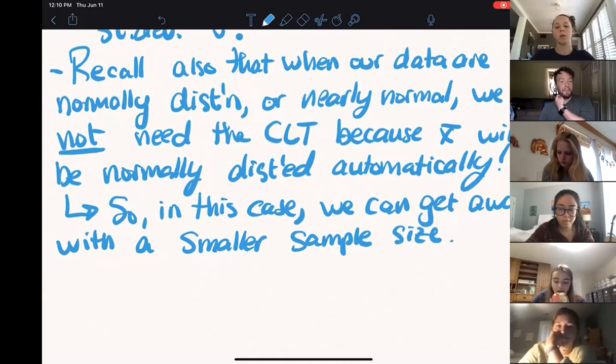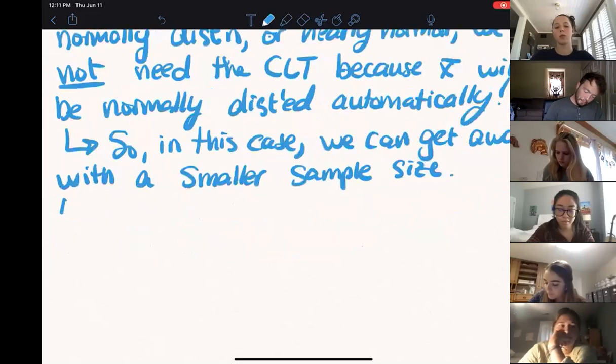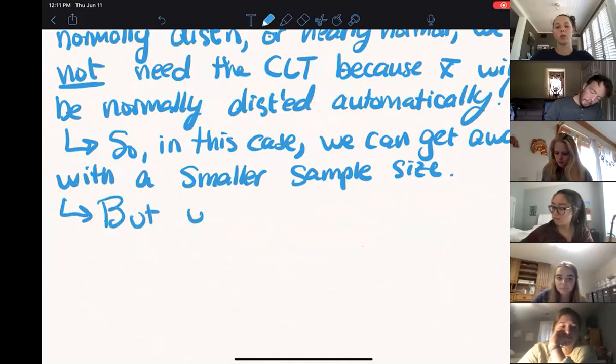Right? Because we need a large enough sample to use the central limit theorem. If we don't have to use the central limit theorem, then we don't need that large sample, right? But we would still need it if we didn't know our population standard deviation.